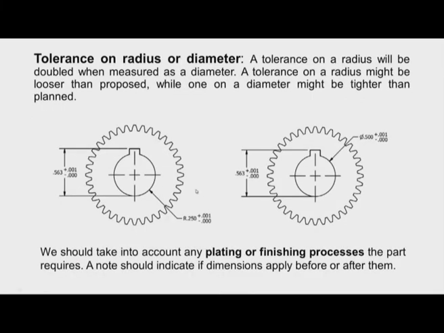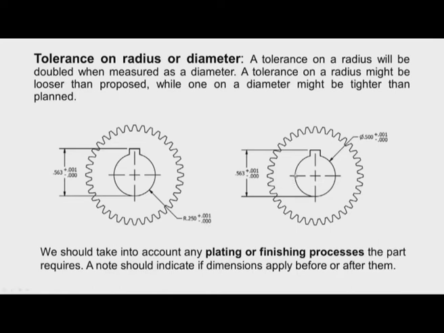Another important point to be considered is whether the tolerance is specified on radius or diameter. In this picture you can see the tolerance is provided on the radius: 250 plus 0.001 mm, minus 0.